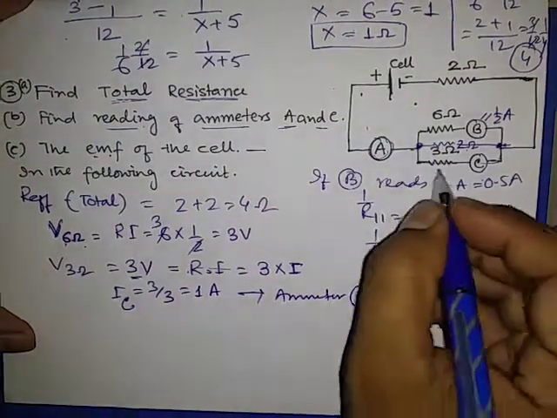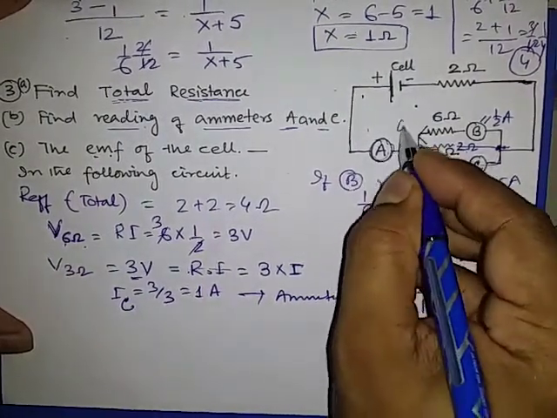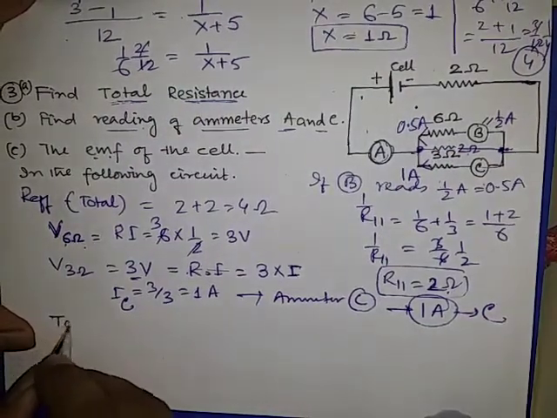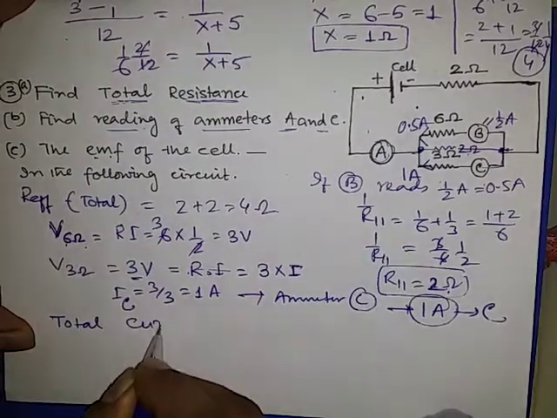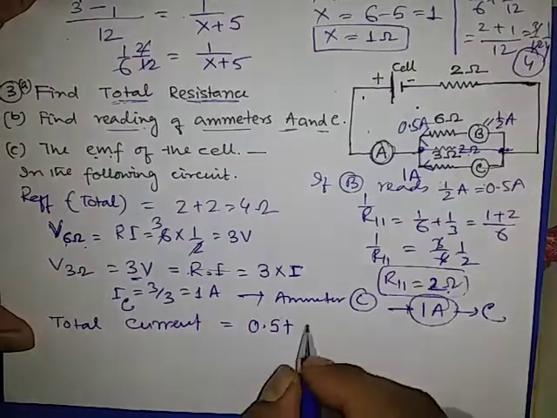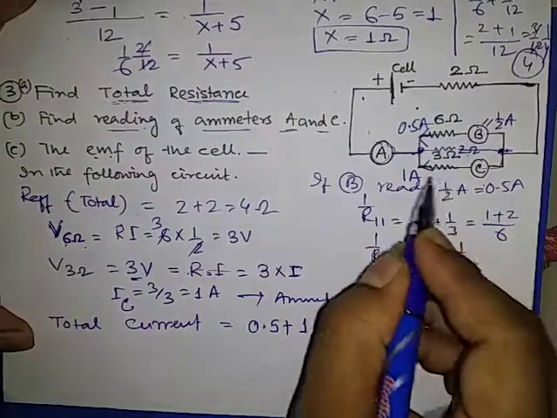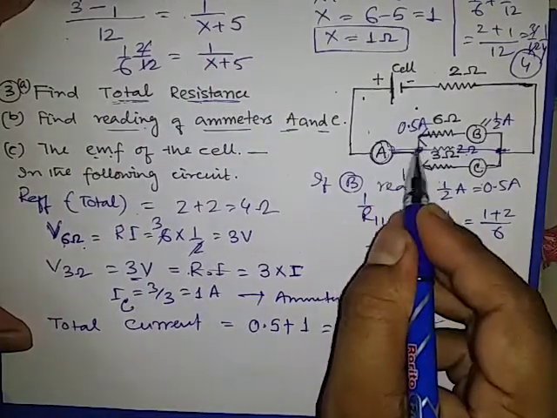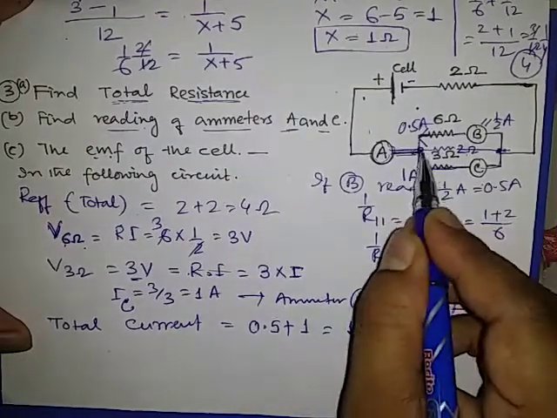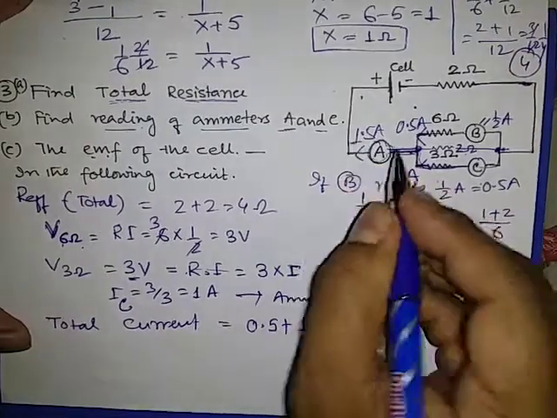Now you know ammeter C gives 1 ampere current, and ammeter B gives 0.5 ampere current. So the total current is equal to 0.5 plus 1 equals 1.5 ampere. This 0.5 and 1 combine to form 1.5 ampere.